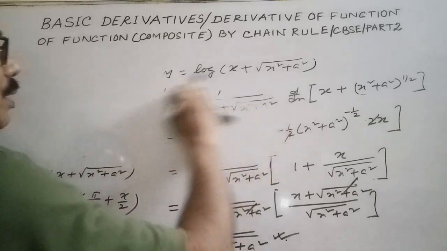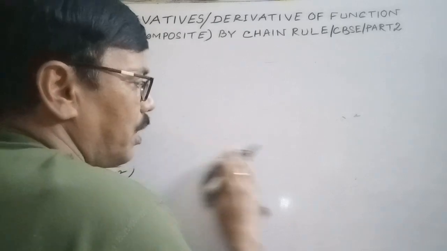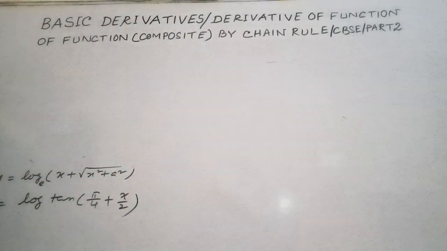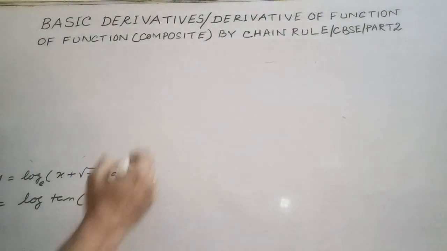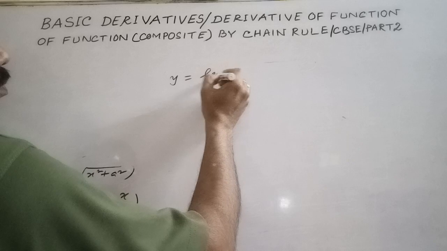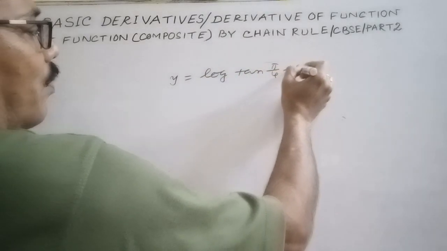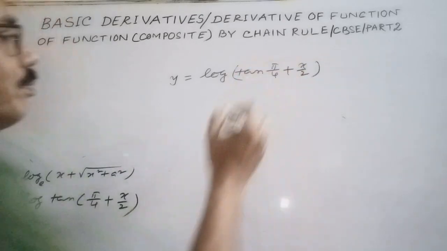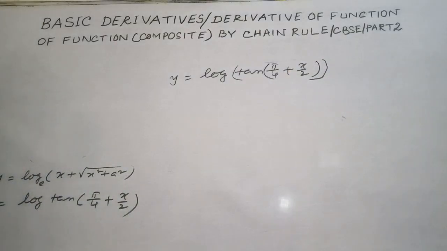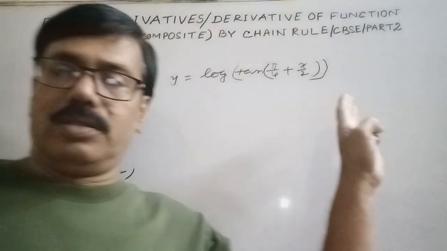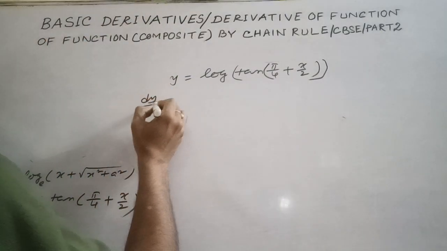Next, identify the function, perform the derivative, then the derivative of the argument. Same procedure. Log tan pi by 4 plus x by 2. So the main function is log, derivative of logarithmic, exactly the same.